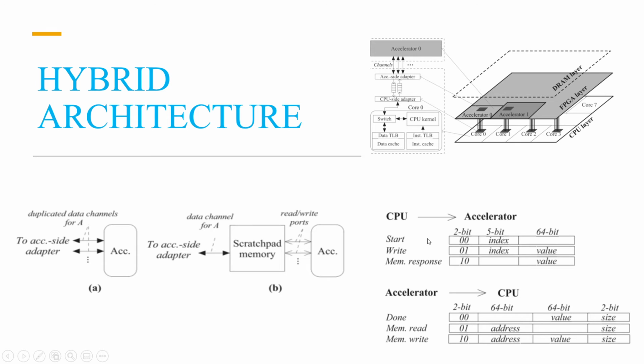As shown in this figure, one is start, starting an accelerator. The index field of the packet indicates the index of the accelerator. Two is write.